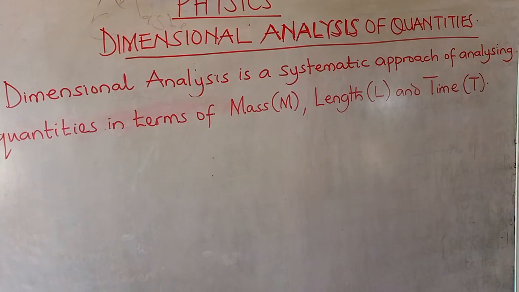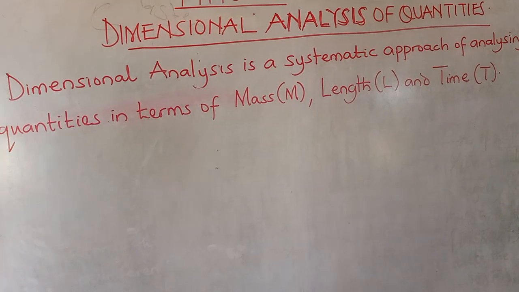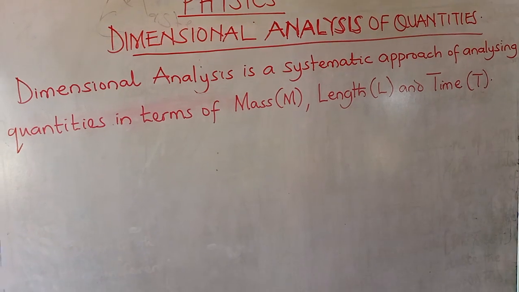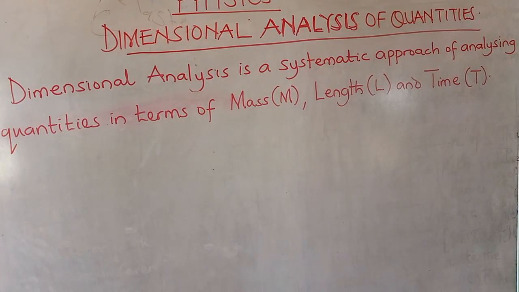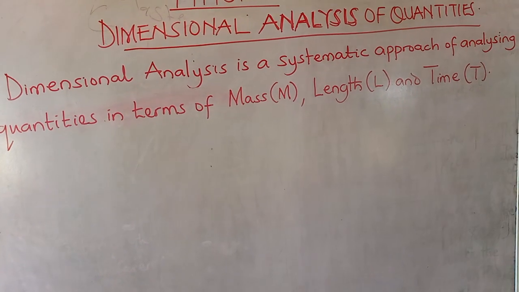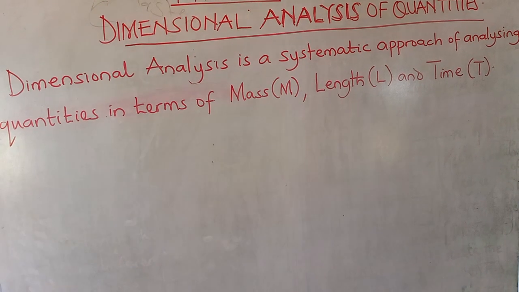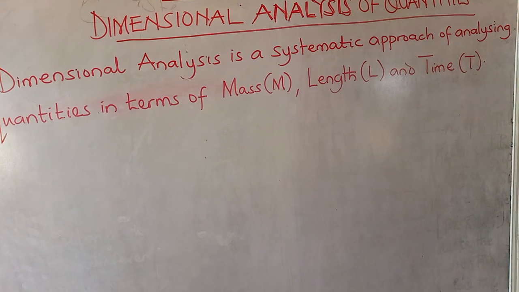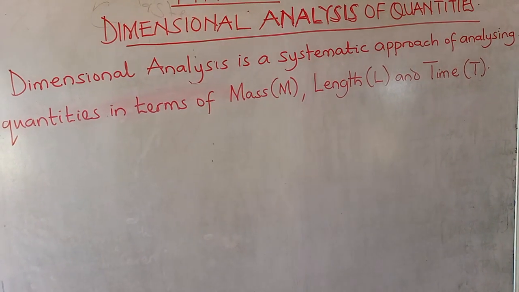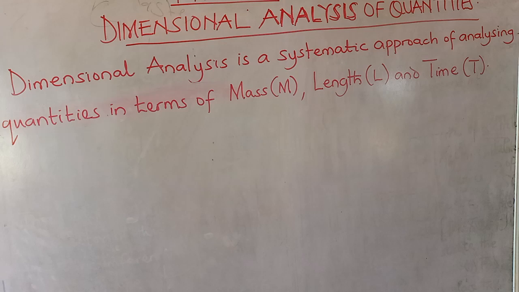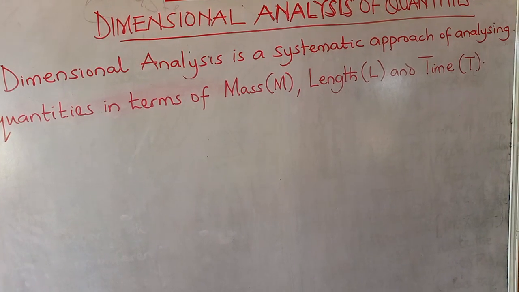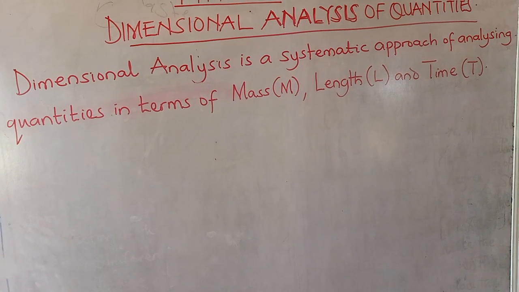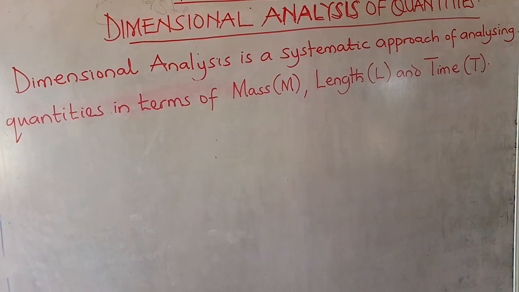When you do dimensional analysis of quantities, the three parameters involved are mass, represented by capital M, length, capital L, and time, capital T. Please settle that in your mind. Mass, length, and time are the three parameters we engage when we work on dimensional analysis of quantities.